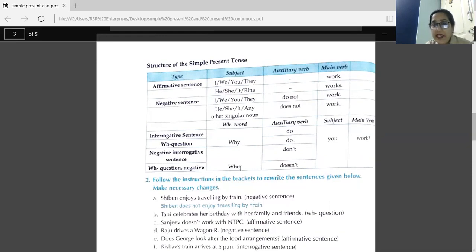We are taking the example who. Who don't work. WH question negative: who doesn't work. This is the structure of the simple present tense in different sentences, that is affirmative, negative, interrogative, and negative interrogative.